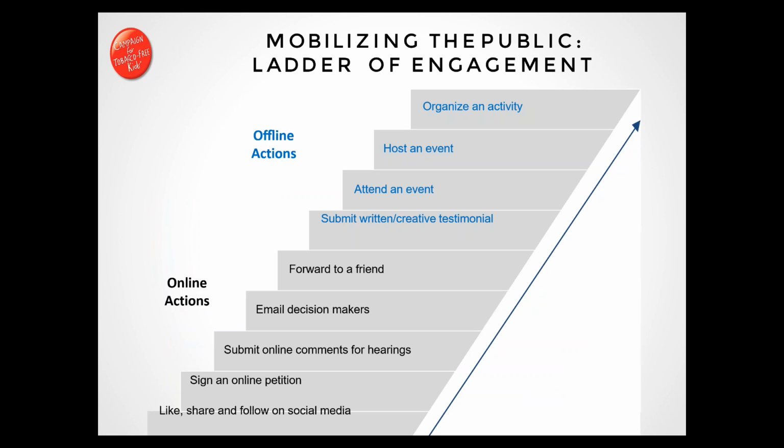The ladder of engagement is also a very, very important component of a digital campaign, where you are working your audience up from the very bottom, where you're first asking them to like, share, or follow you on social, and then you're hoping that they will sign a petition, and then you work them up to forwarding your campaign and its information to a friend, to ultimately getting them to take offline actions, like hosting an event or organizing an activity on behalf of your campaign.